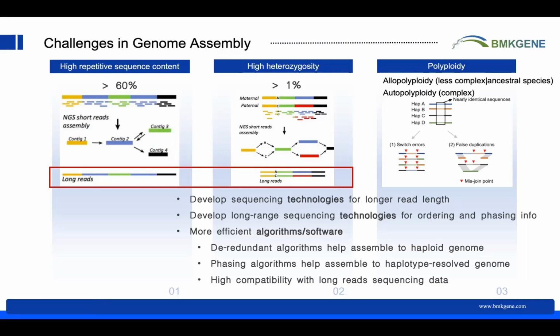For this part, if the sequencing read is longer than the repetitive sequence region or the high heterozygosity regions, then just one sequencing read will tell us how this part looks, and whether the blue one is next to the green or next to the blue one.